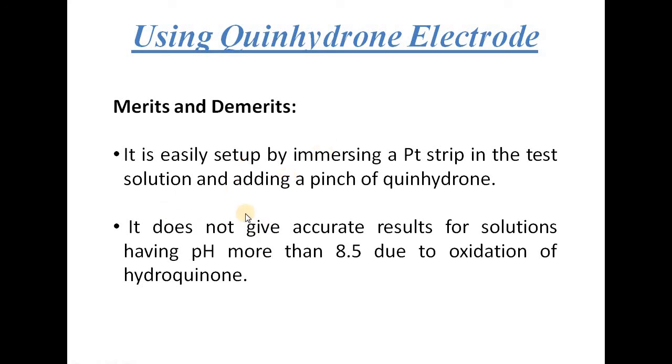Now the second thing, which is the demerit of the quinhydron electrode, is that it doesn't give accurate results for a solution having pH more than 8.5, or you can say it is not giving accurate results for alkaline solutions. The reason is the oxidation of hydroquinone in alkaline solutions.